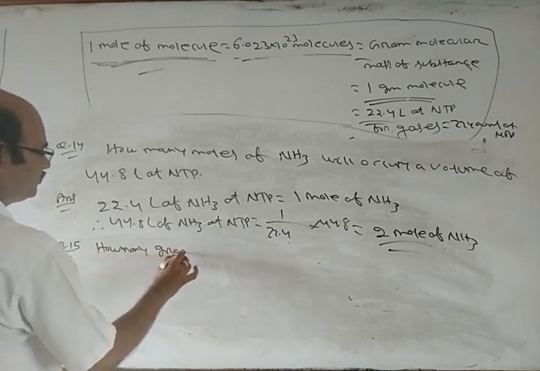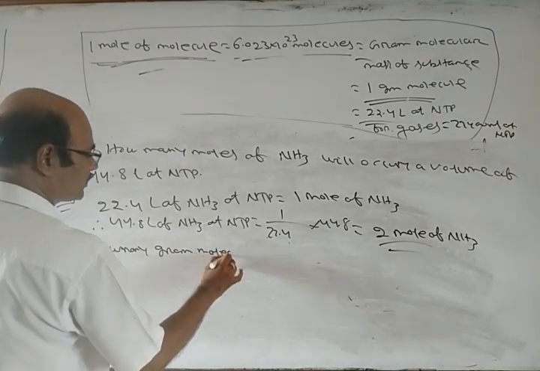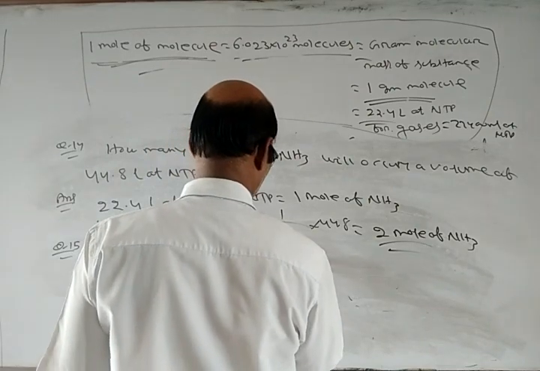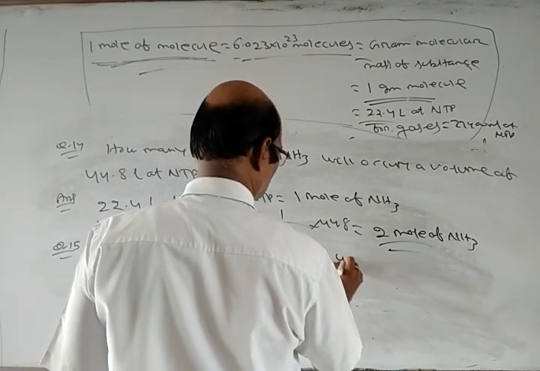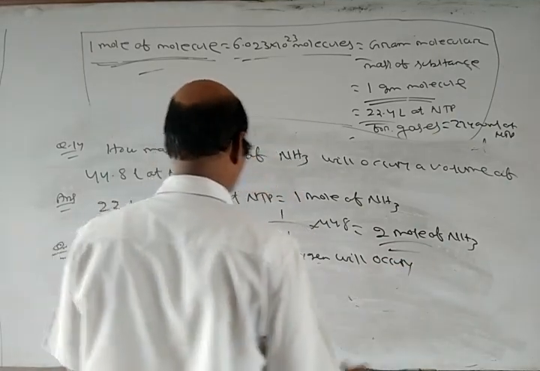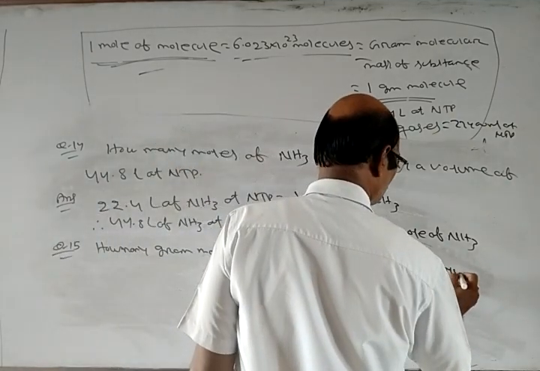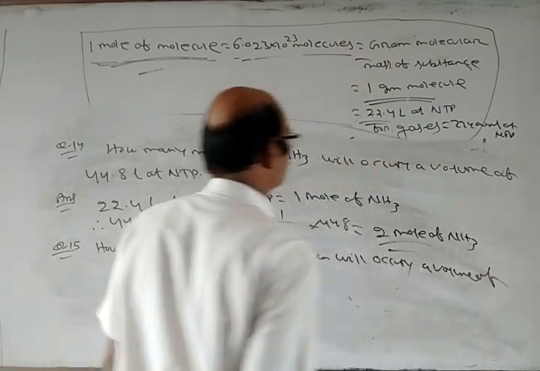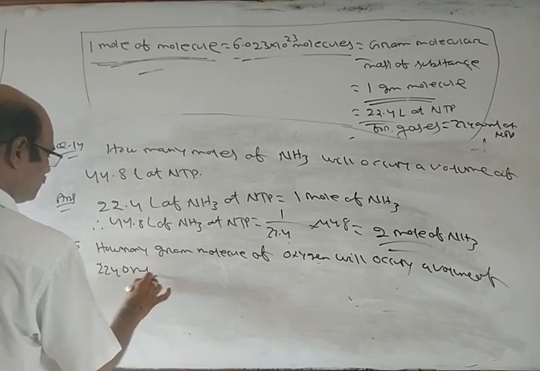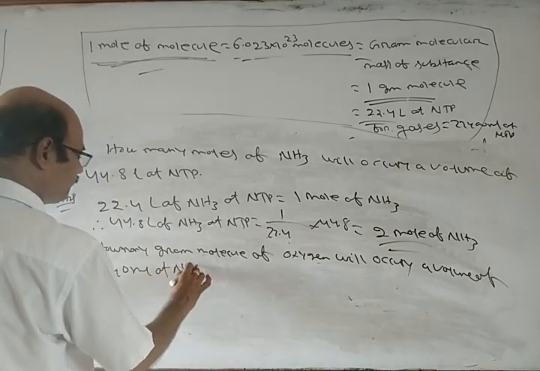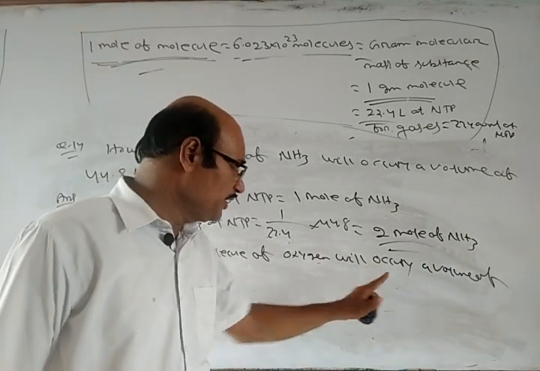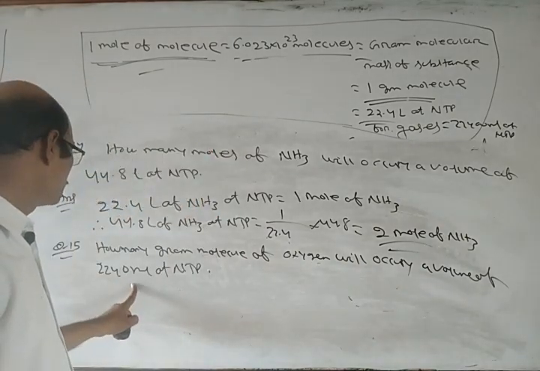How many gram molecule of oxygen will occupy a volume of 2240 milliliter at NTP? How many gram molecule of oxygen will occupy a volume of 2240 ml at NTP?